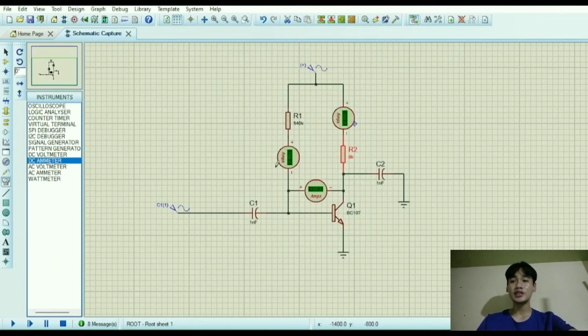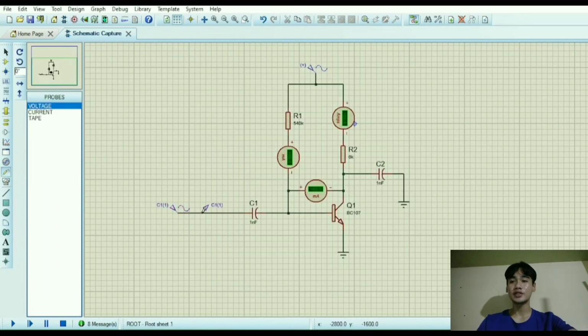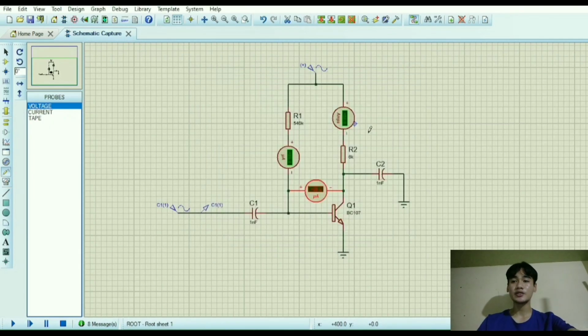And let us change also the value of V signs into 10 volts. And last is to put a voltage probe to measure the voltage. Let's change the display range of each ammeter so that we can see the values as we run the simulation. And as you can see, these are the values that we get by running the simulation.